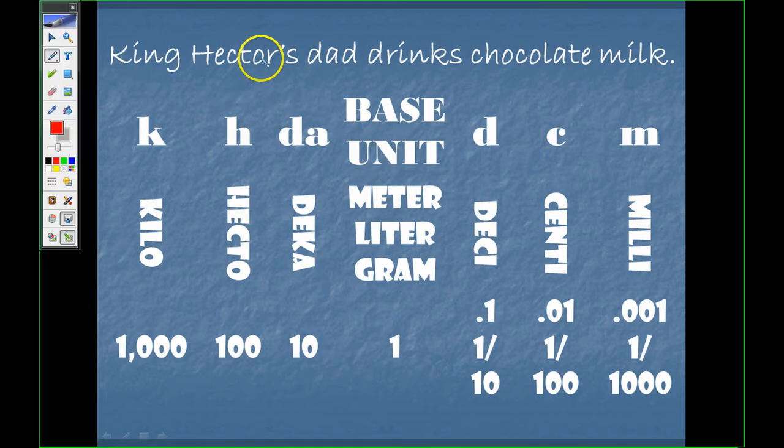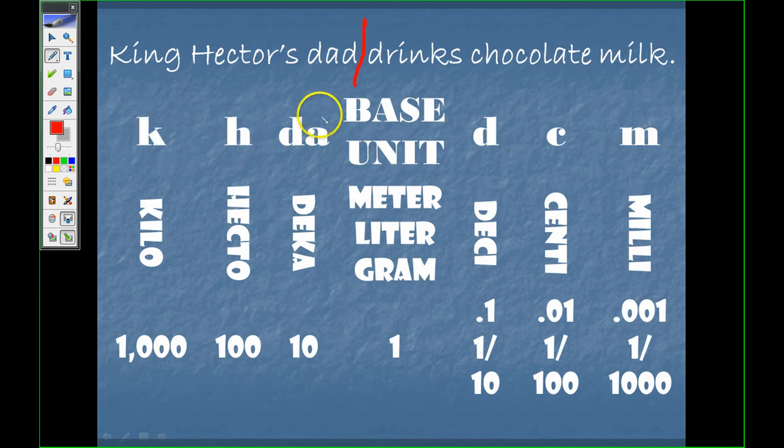Well, we came up with a nice, easy way for everybody to know these prefixes, and it is a saying we came up with called King Hector's dad drinks chocolate milk. If you can remember King Hector's dad drinks chocolate milk, I always say it in like 3 words. That's how we get these letters.